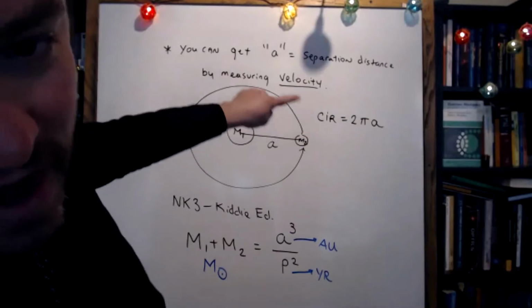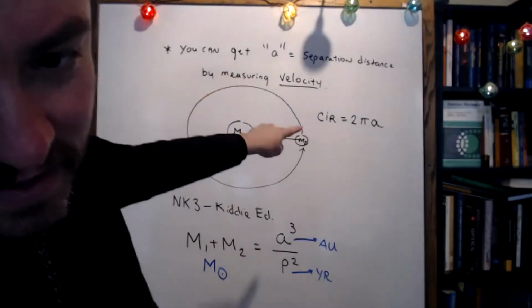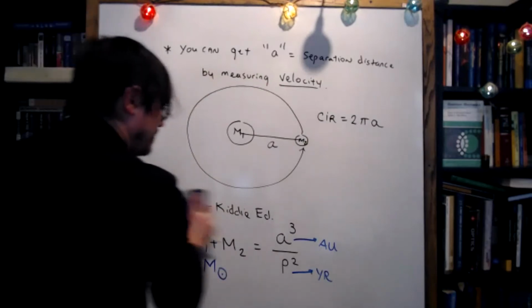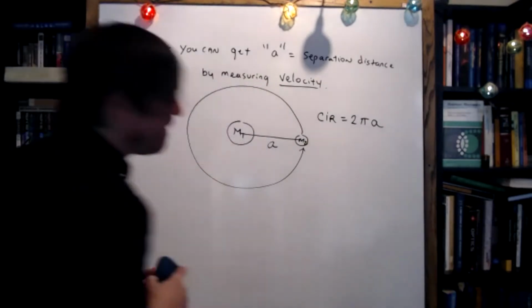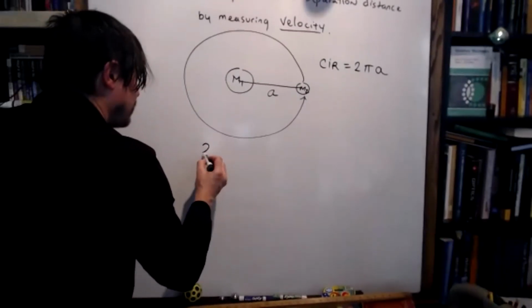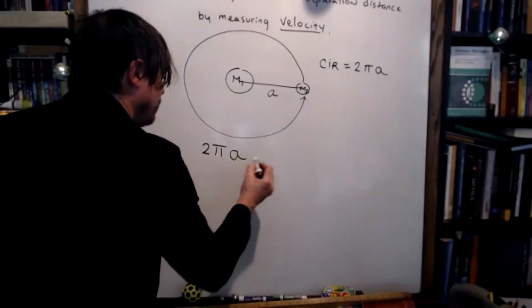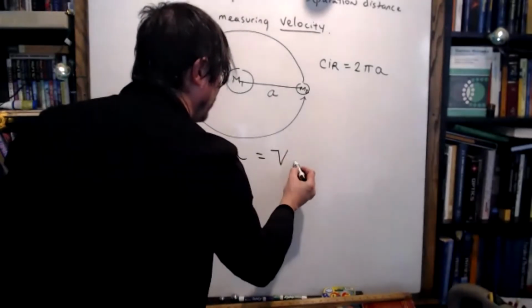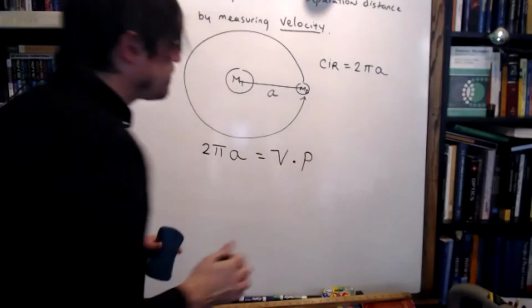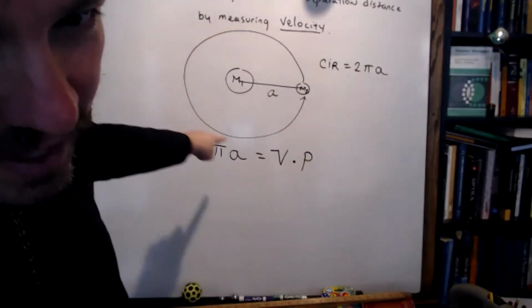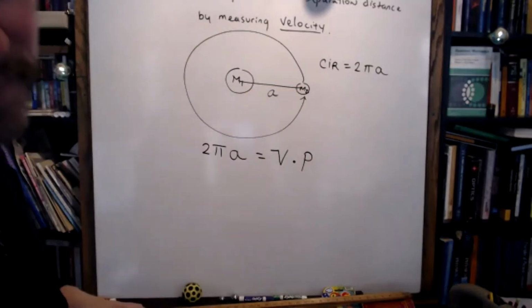And if it travels this distance, you can use the formula distance equals rate times time to write down this important formula. You can say the distance is the circumference, 2 pi A, and distance will be traveled at some velocity in some unit of time, which will be the period, because you're traveling exactly around the circle once.